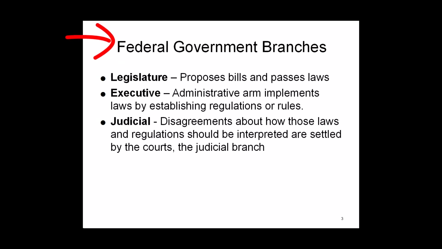Let us now turn to the architecture that gives those objectives legal force: the three branches of the federal government. Understanding how each branch shapes health information technology is essential for every manager who signs a data sharing contract or approves a clinical software upgrade. Begin with the legislative branch.